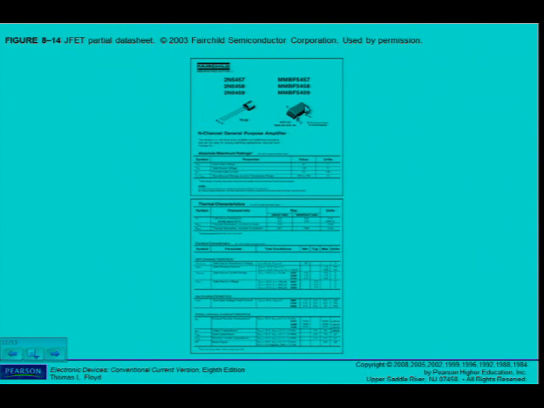VGS off, for instance, for those three devices, you can see it's for the 2N5457, 5458 and 5459 devices, and for the MMBF5457 and so forth. But you can see when you go and look at VGS off, it gives you a minimum and a maximum. That's why in the question they said VGS off is given as a maximum.